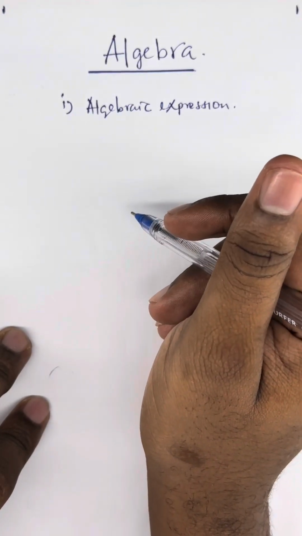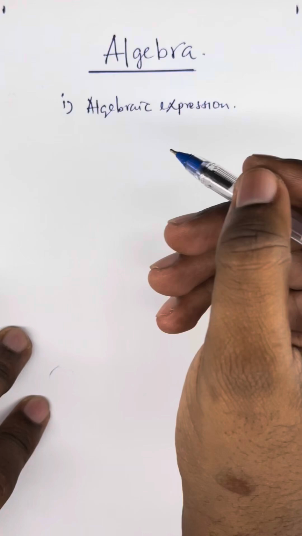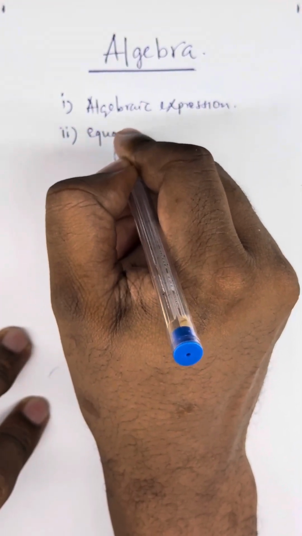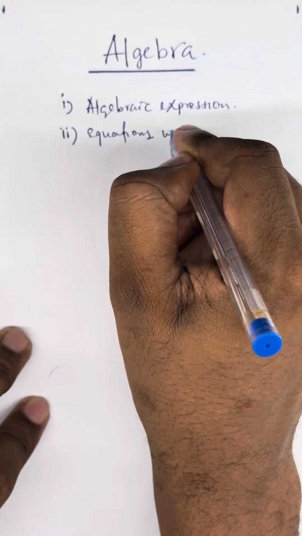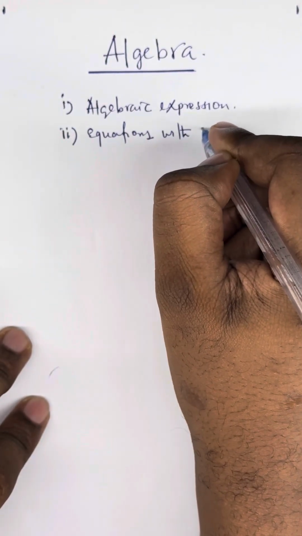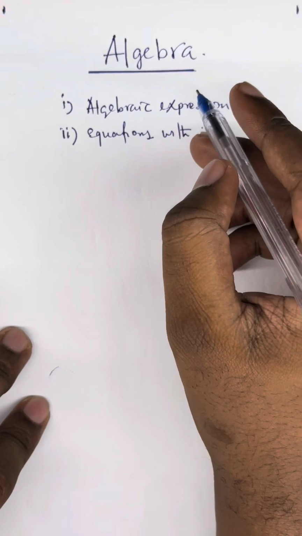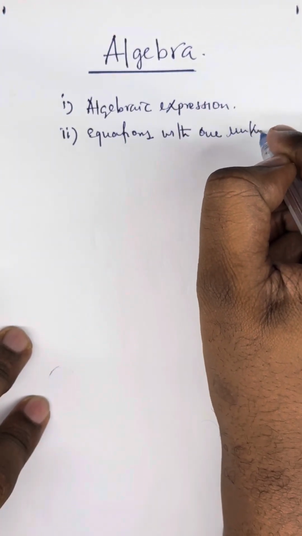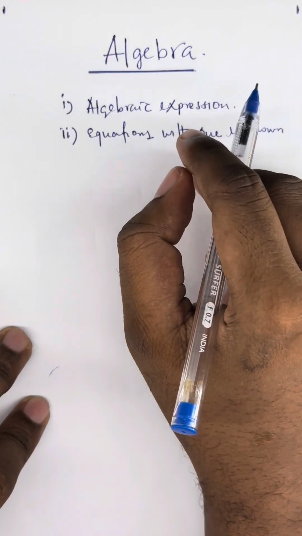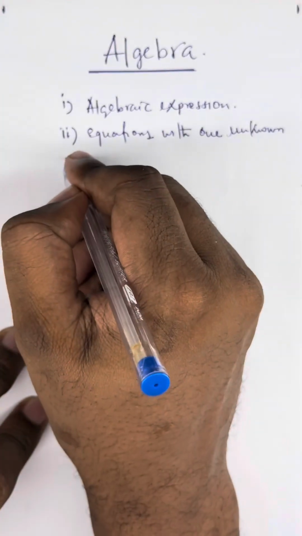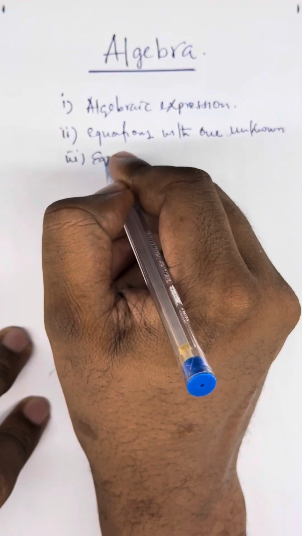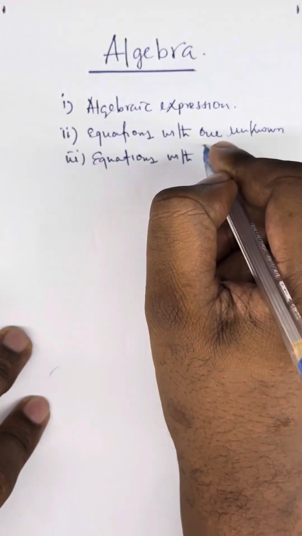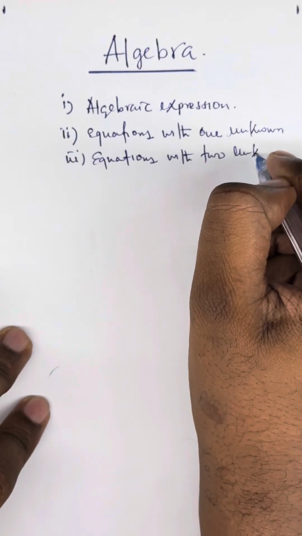You're also going to learn equations with one unknown. So you're going to learn how to solve equations with one unknown. That is a very important part. Also, you're going to know how to solve equations with two unknowns.